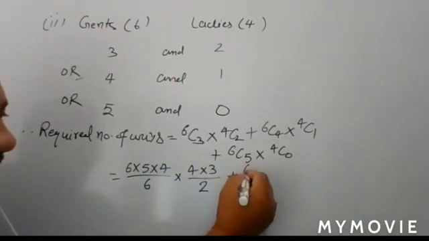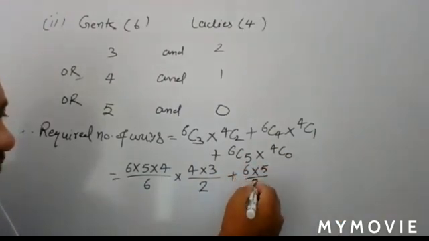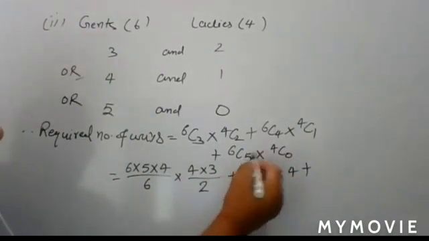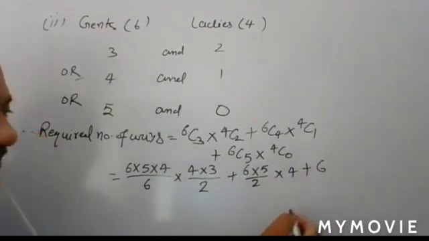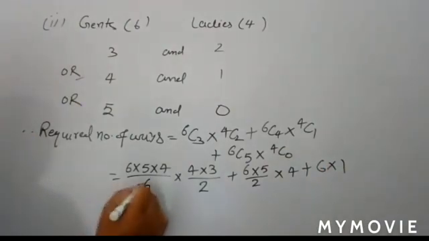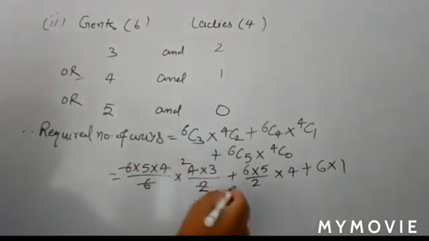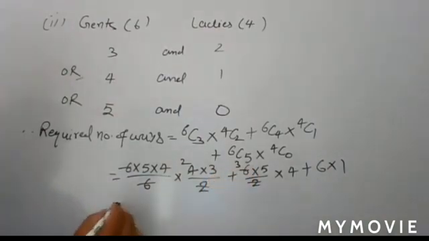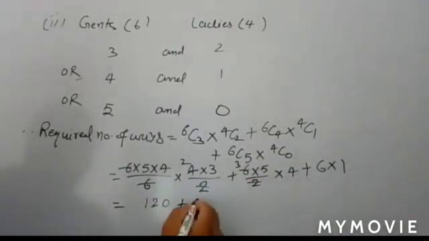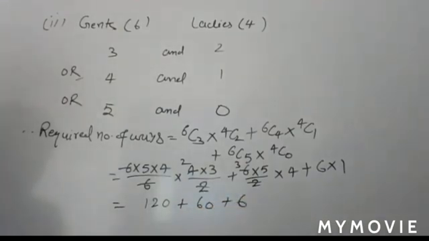So write the value of 6c2 here: 6 into 5 upon 2 factorial, and 4c1 is 4, plus 6c5 can be written as 6c1, and the value of 6c1 is equal to 6, and the value of 4c0 is equal to 1. So simplifying, 6 6 cancel out, 2 2s are 4, 2 3s are 6. So here you have 4 5s are 20, 6 20s are 120, plus 5 4s are 20, 3 20s are 60, plus 6. So 186 is your answer.